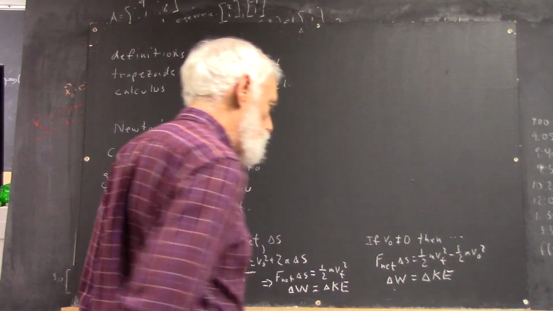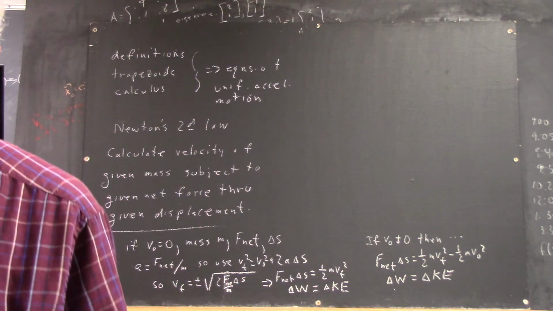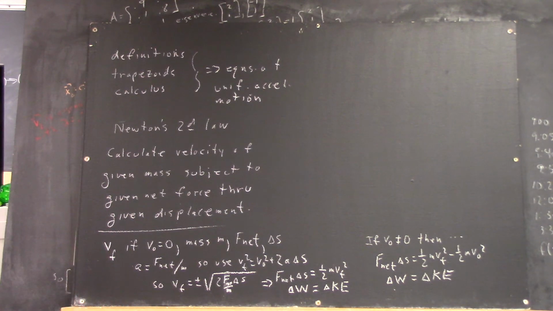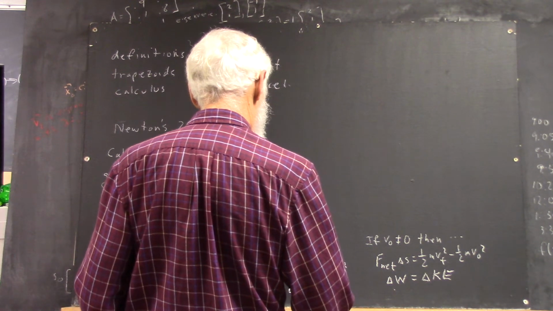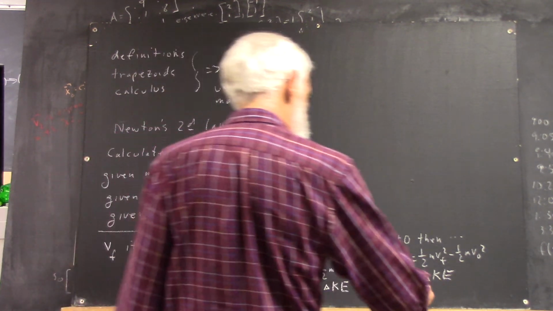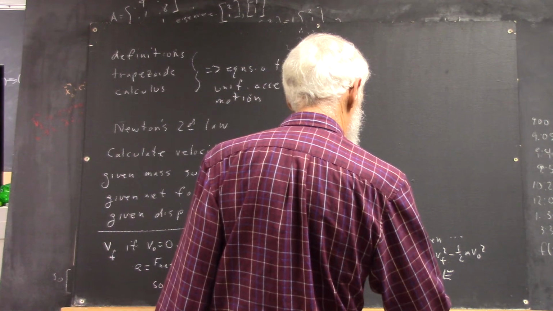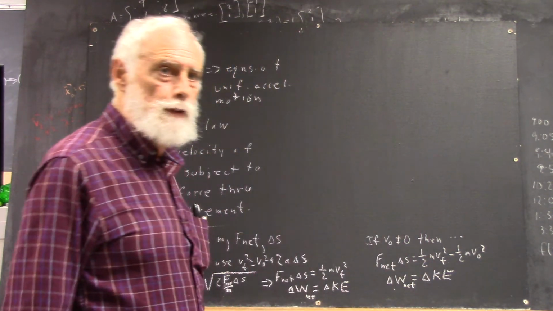More general expression. The work done by the net force is the change in kinetic energy. And since it's the work by the net force, I'll put a net subscript here. And this is our work-energy theorem, which we've just proven.